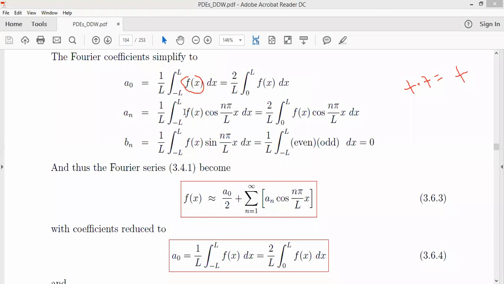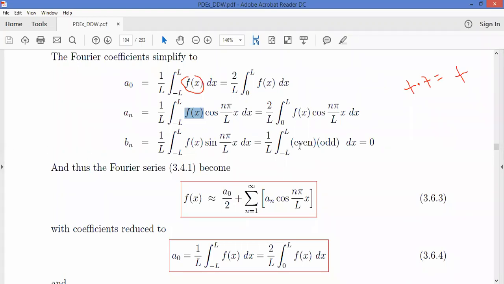So here f(x) is even, and we've already established the fact that cos x is even. So the product is even, and the property says the integral, which was from minus L to L, becomes twice the integral 0 to L of that even function. That one is finished. So An will be given by that.